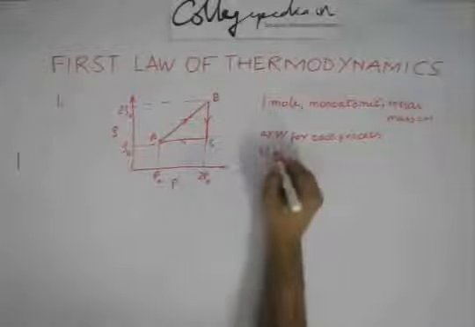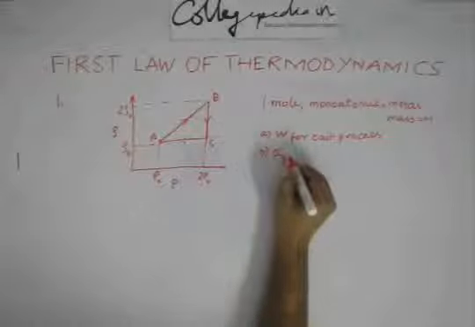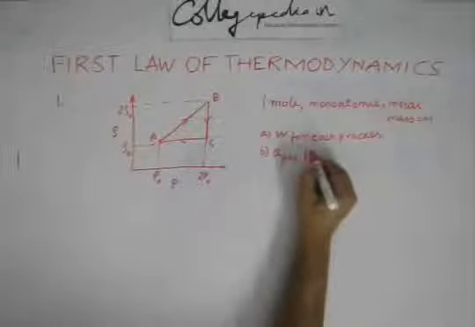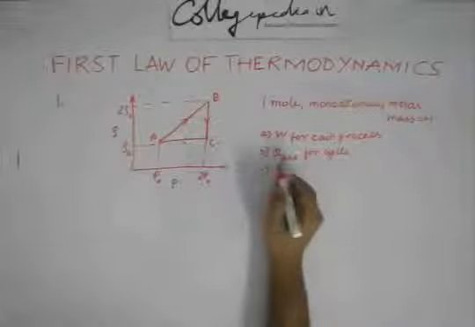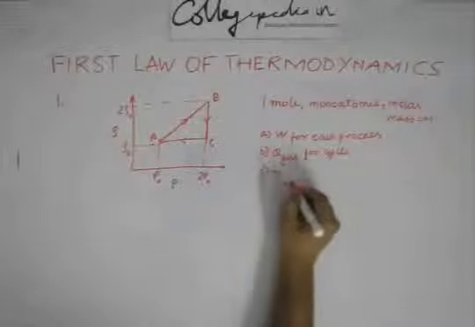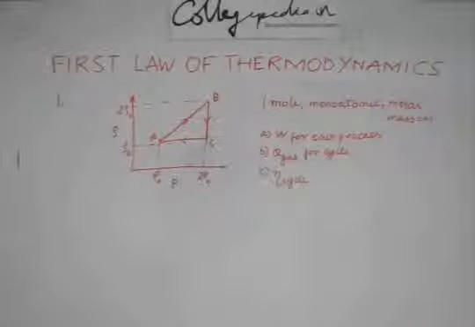We also need to find out heat rejected by the gas for the cycle. And we need to find out the efficiency of the cycle. These are some things we need to find out. Let us go about doing this problem.